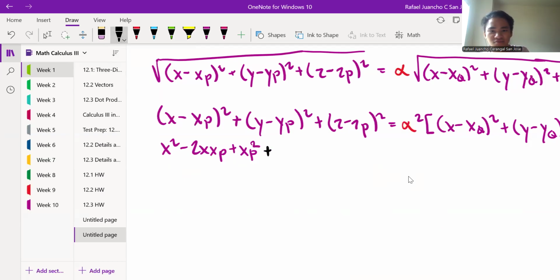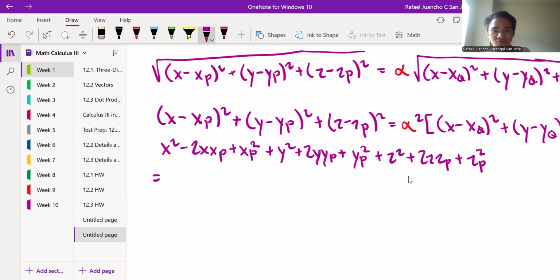And then we add it to our Y: Y squared minus 2Y YP plus YP squared. Then we add our Z: Z squared minus 2Z ZP plus ZP squared. And we equate it to alpha squared.